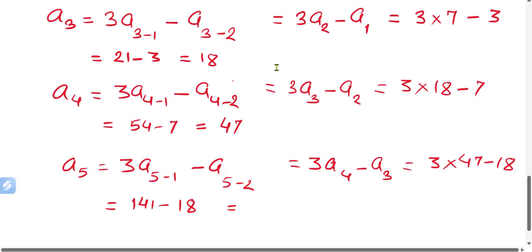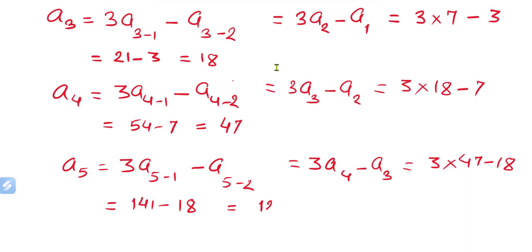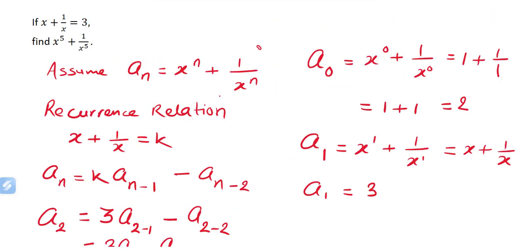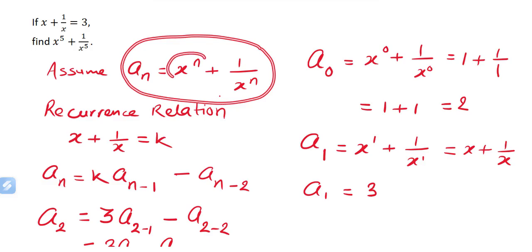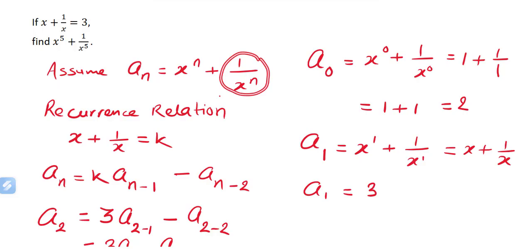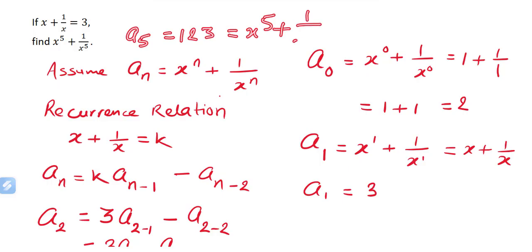That means the value of a5 is 123. So we assumed here the value of a n is equal to x power n plus 1 over x power n. Since we have the value for a5, which is 123, this is equal to x power 5 plus 1 over x power 5.